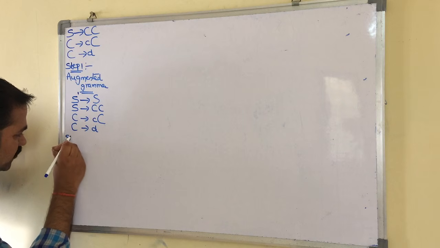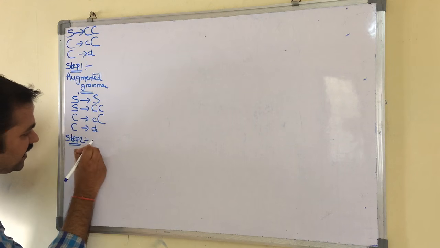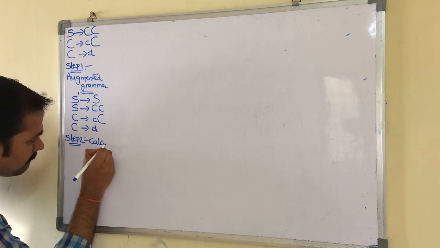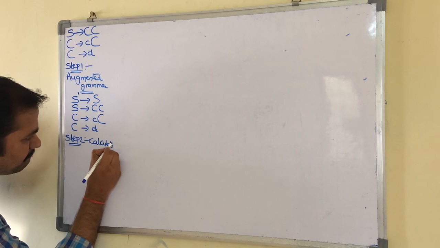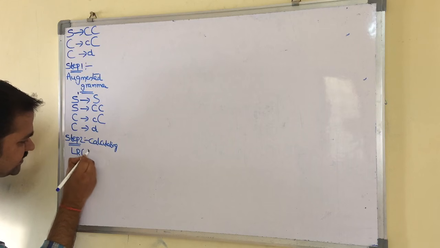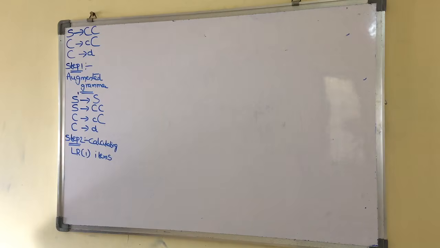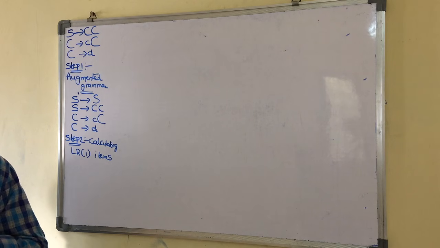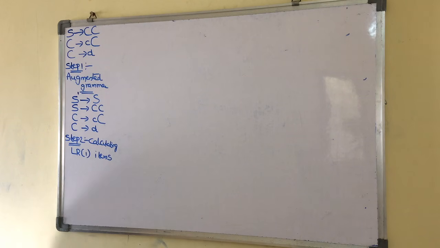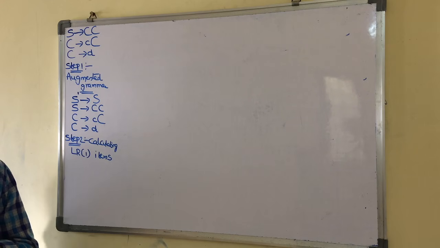Now let's write step 2. Here step 2 is calculating LR(1) items, whereas in the SLR parser we calculate LR(0) items. We know what an item is: an item means there is a dot symbol on the right side of the production.